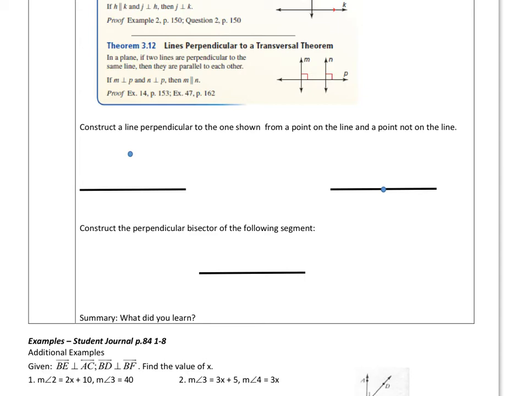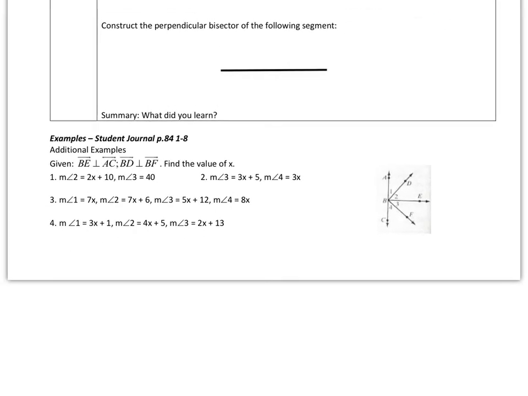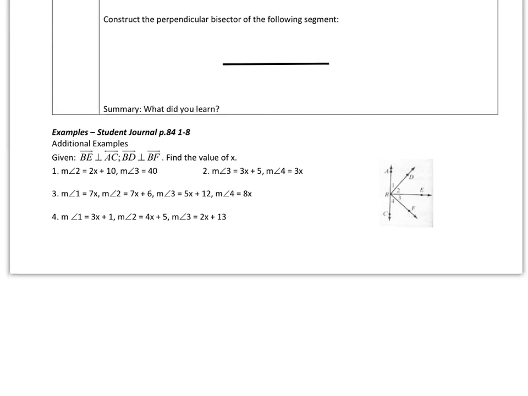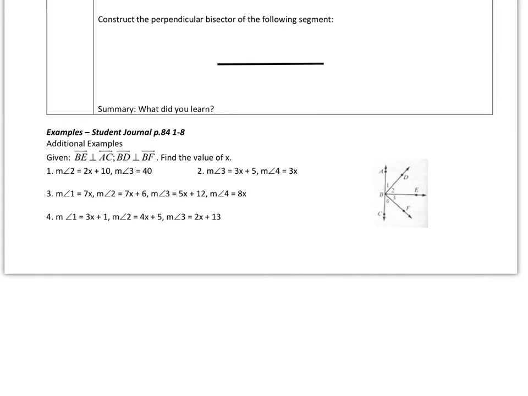All right, let's do some examples, and I will do one proof for you guys today. Over here, given that these two are perpendicular, BE and AC, and then these other two are perpendicular over here, BD and BF, we've got to find x. Since we've got a bunch of perpendicular things going on, let's see what we can solve for.